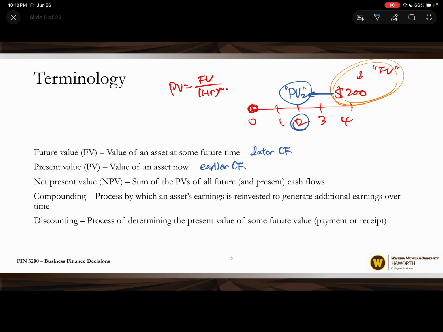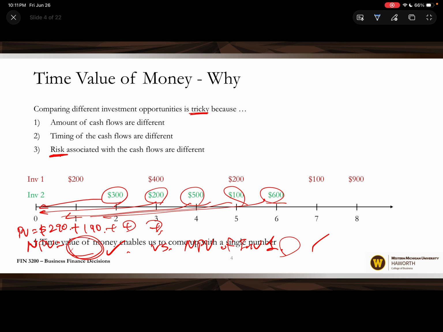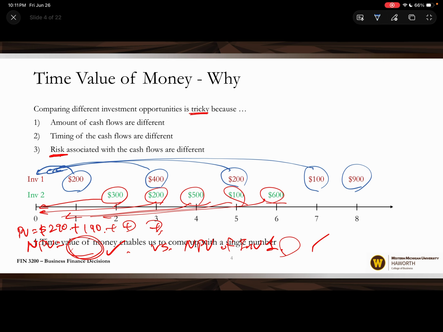And the net present value I just mentioned, it's the sum of the present values of all future cash flows. So going back to this example, if we convert all these numbers into time 0 and we add them up, that'll be the net present value of investment 1.